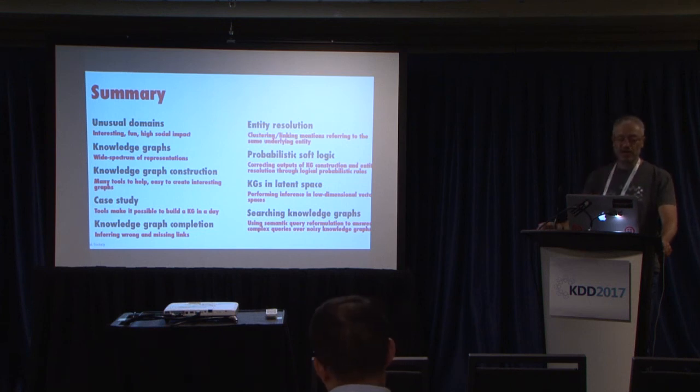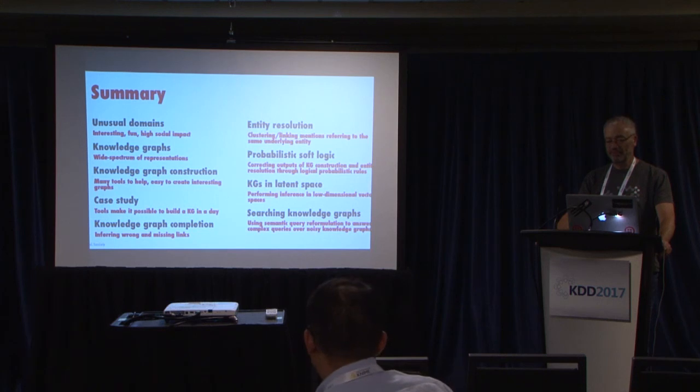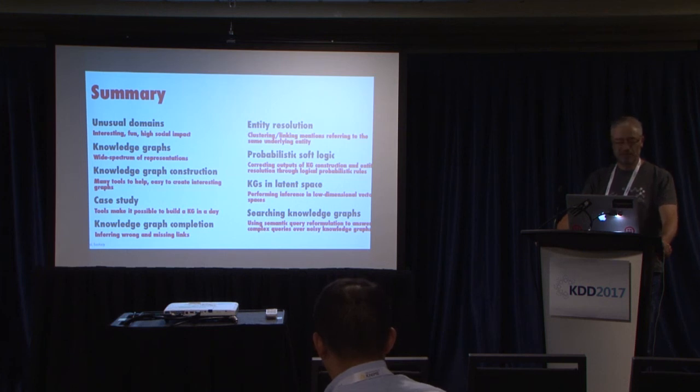We covered knowledge graphs, and part of the idea is that there's really not one dogmatic definition of knowledge graph. We covered a range of knowledge graph representations and showed examples of different ways of doing it, and they are all valid and should be tuned to the problem that you're working on.